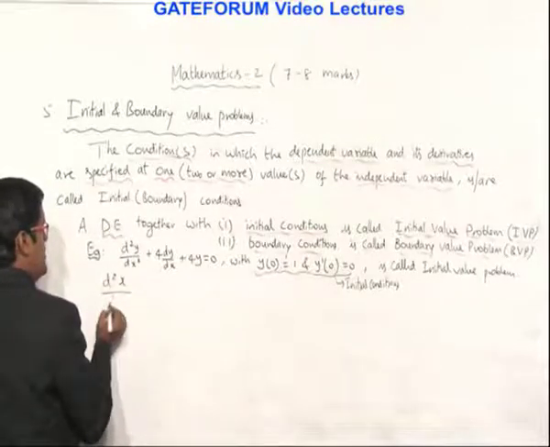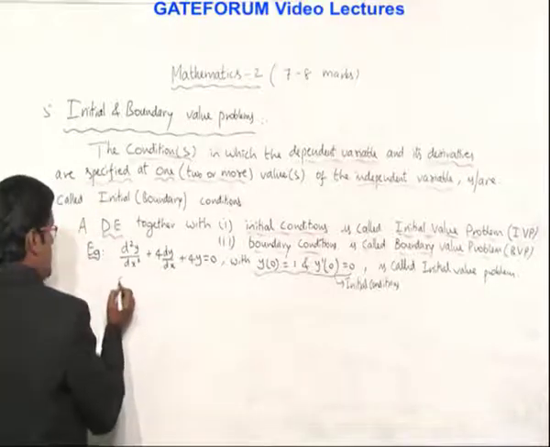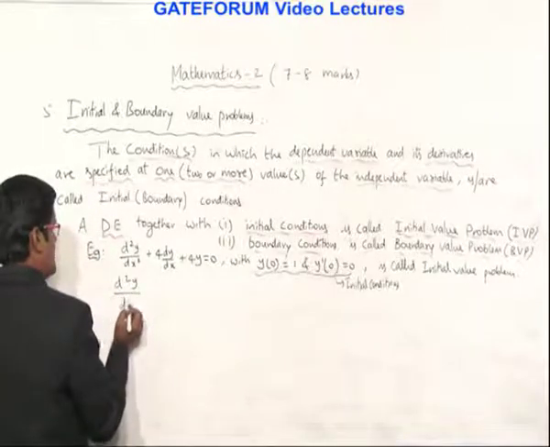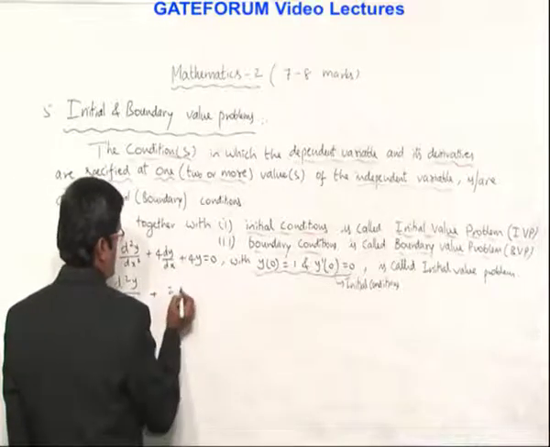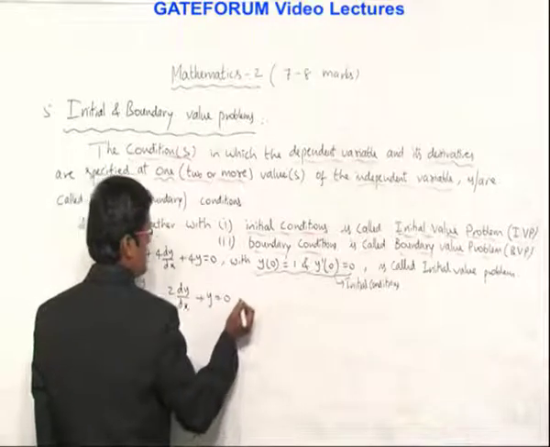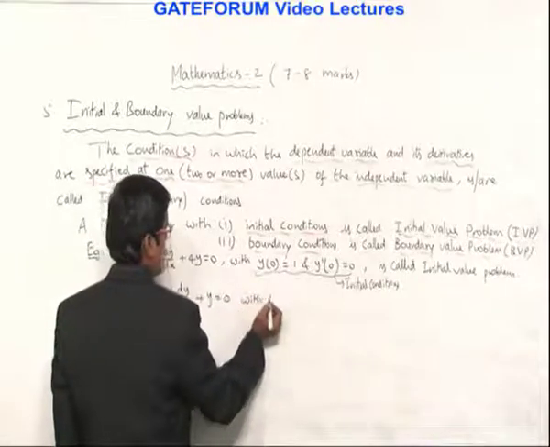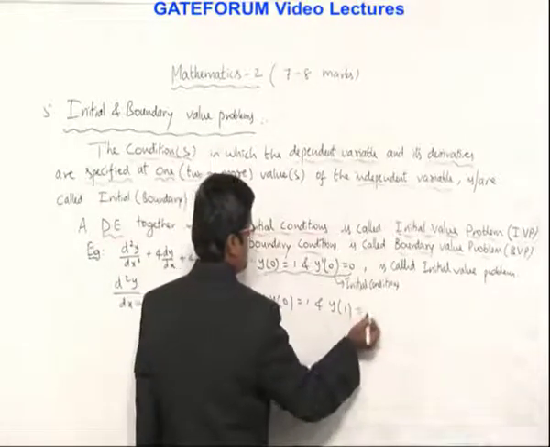Another example: d square y by dx square plus 2 dy by dx plus y is equal to 0 with y of 0 is equal to 1 and y of 1 is equal to 0.